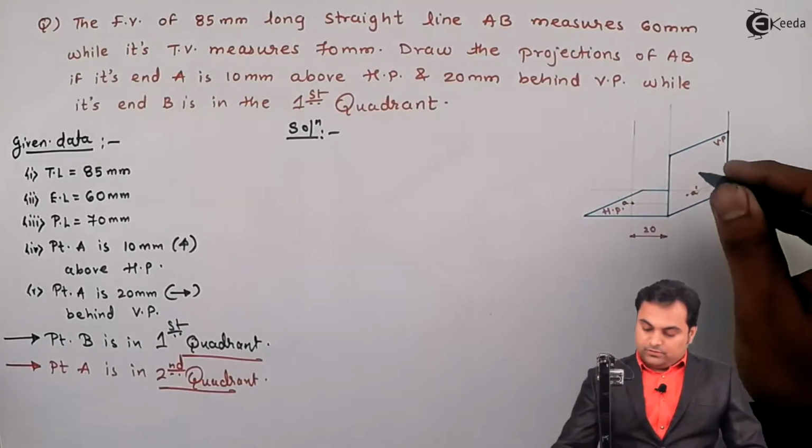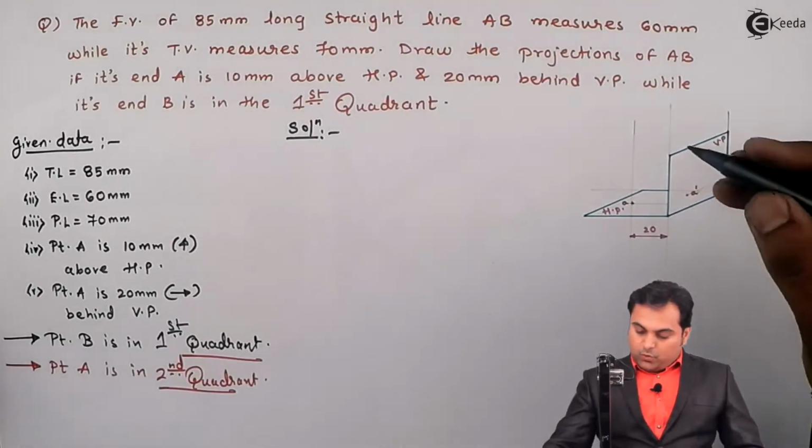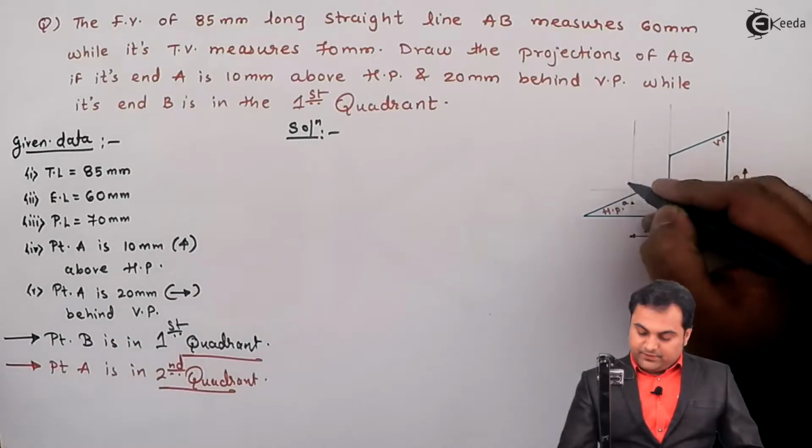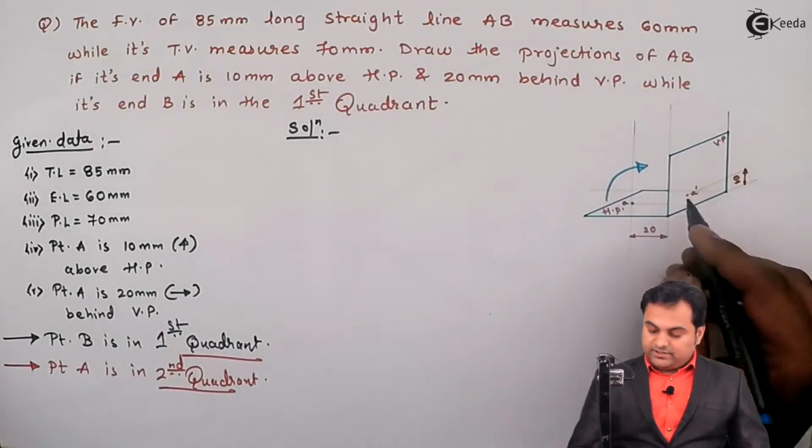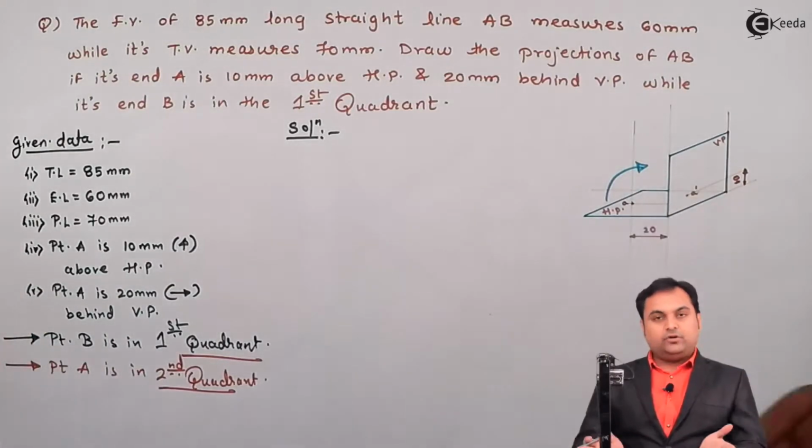So this point A will indicate the top view, whereas A dash will indicate the front view of the point A. Next, when I am going to tilt this HP and make it parallel with VP in the clock direction, then both the planes are going to overlap.